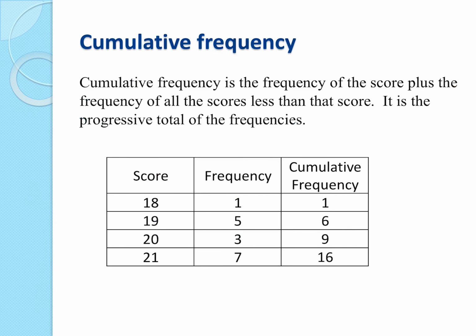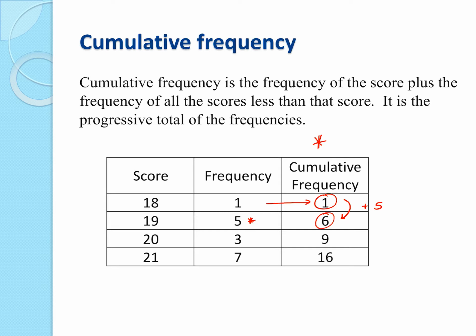Okay, moving on to a cumulative frequency table. Pretty much very similar to a frequency table, except notice you have an extra column labeled cumulative frequency. And what it is, the first row will always be whatever your frequency is, that's the cumulative frequency number that you start with. To get to the next one, we add 5, given that there were 5 people that scored. We're assuming again that this data represents people, that there's 5 people that scored 19. So this 6 that we arrive at, 1 plus 5 is 6.